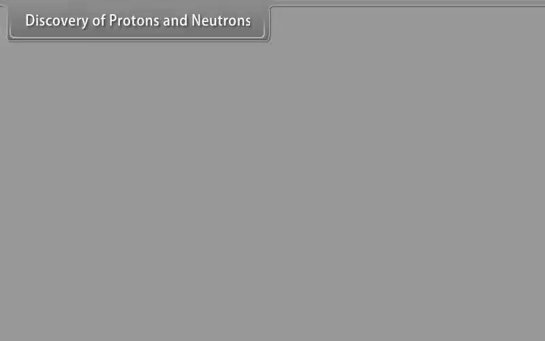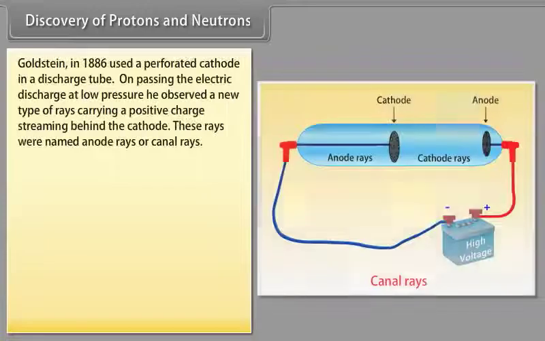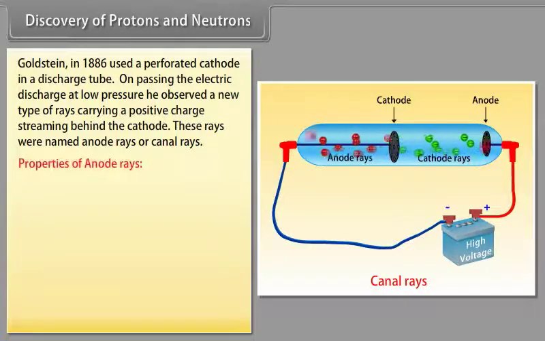Discovery of protons and neutrons. Goldstein in 1886 used a perforated cathode in a discharge tube. On passing the electric discharge at low pressure, he observed a new type of rays carrying a positive charge streaming behind the cathode. These rays were named as anode rays or canal rays. Properties of anode rays.